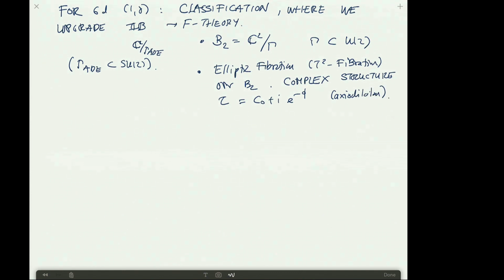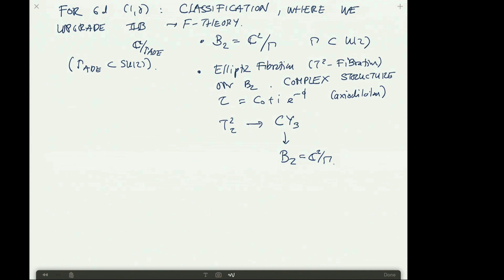So you should really think of this as some T2, with this complex structure, fibered over a base B2, which is this orbifold, giving a Calabi-Yau threefold.